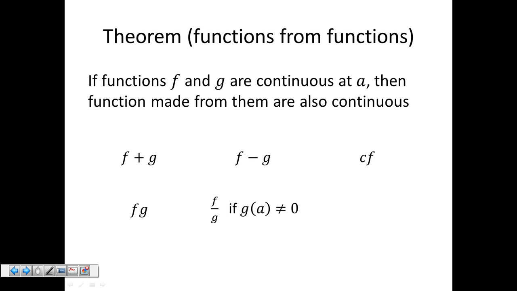If we multiply the two functions, still continuous. If we divide the two functions, it's continuous as long as g of a does not equal 0. Separately, it's okay if g of a equals 0, but as soon as we put it in the bottom of a fraction, we can't have that. That new function would be discontinuous if g of a did equal 0.